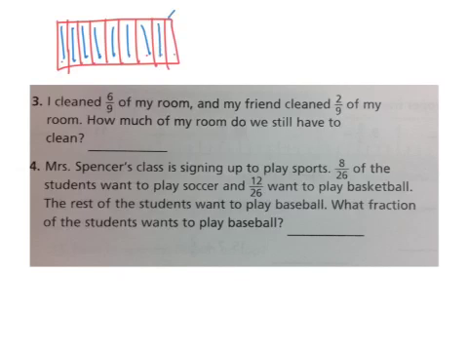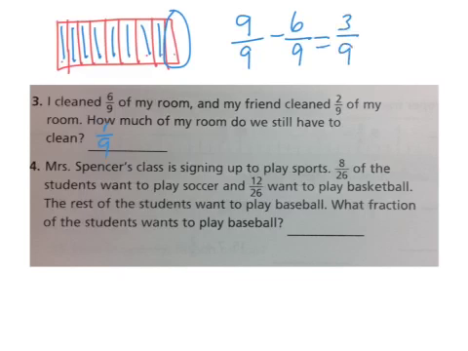And then I can just look and I can see that I have 1/9 left. Otherwise, I could say that my whole room is 9/9, and I can subtract the 6/9 that I did, and that gets me to 3/9. And then I could subtract the 2/9 that my friend did, and it's going to get me the same answer.